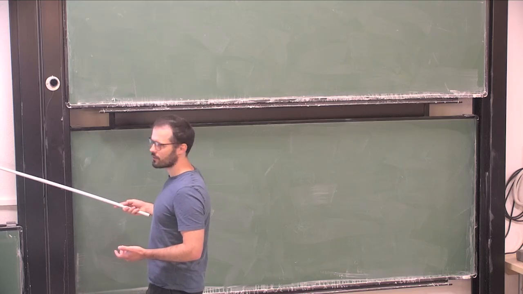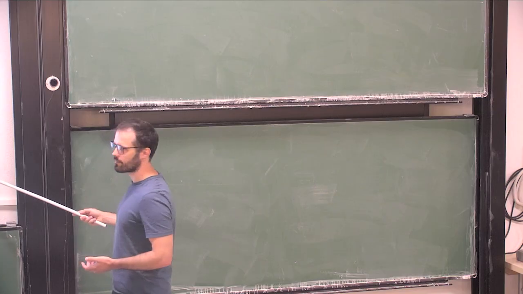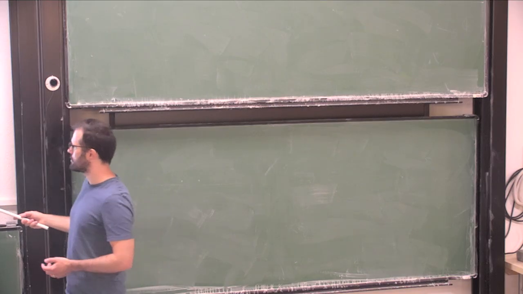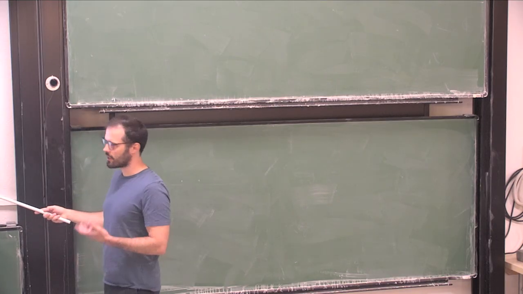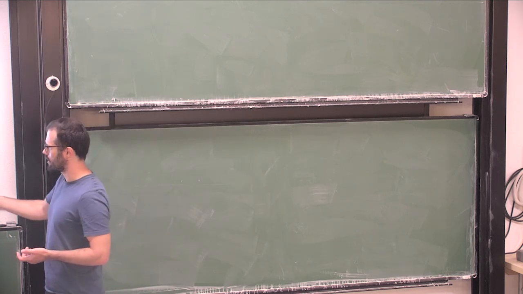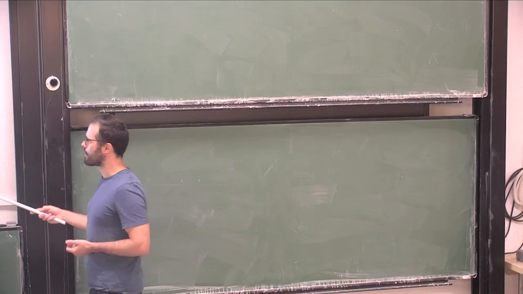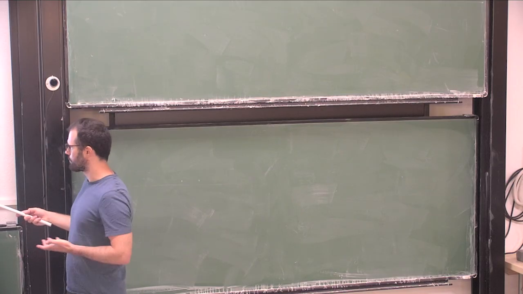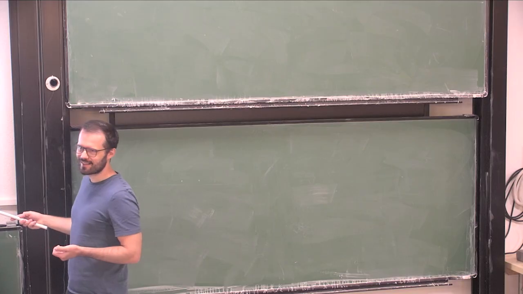What is C here? C is the conductor of this triple L-function. So it's some analytic conductor. I have another question.